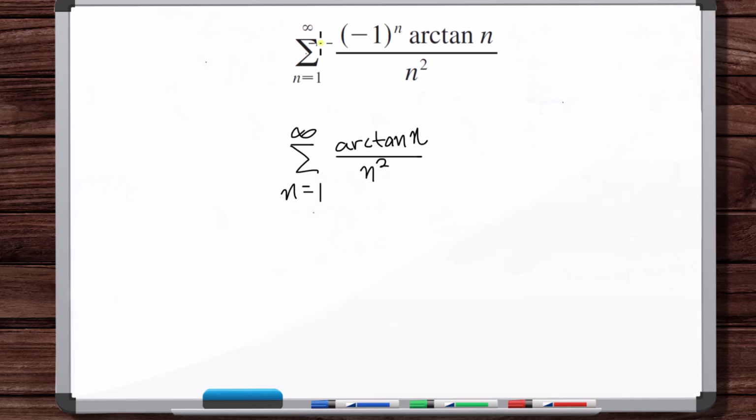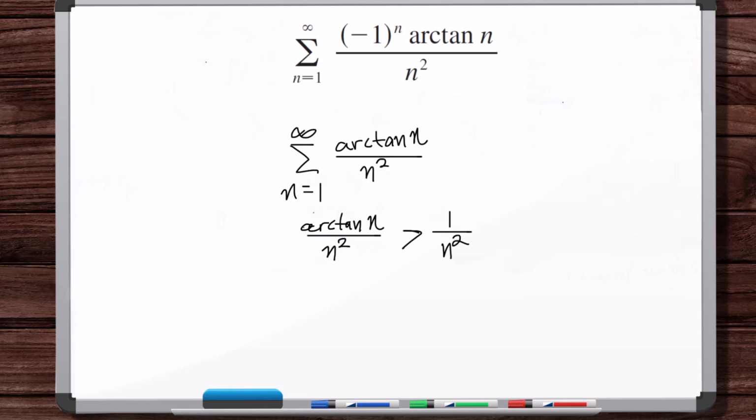So this a sub n is this. All right, so is this convergent or divergent? Well, we could say 1 over n squared is always going to be less than arc tangent of n over n squared.